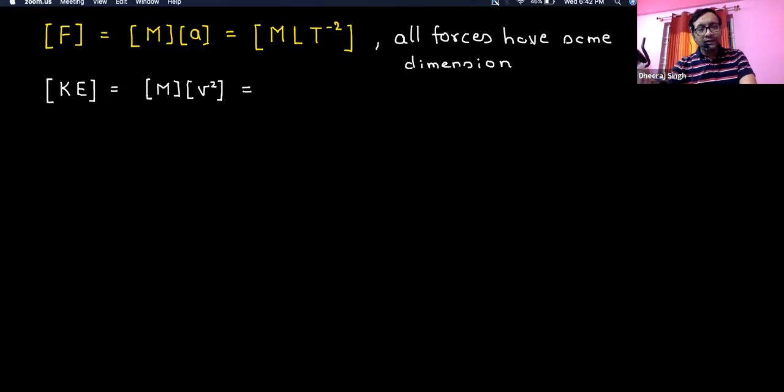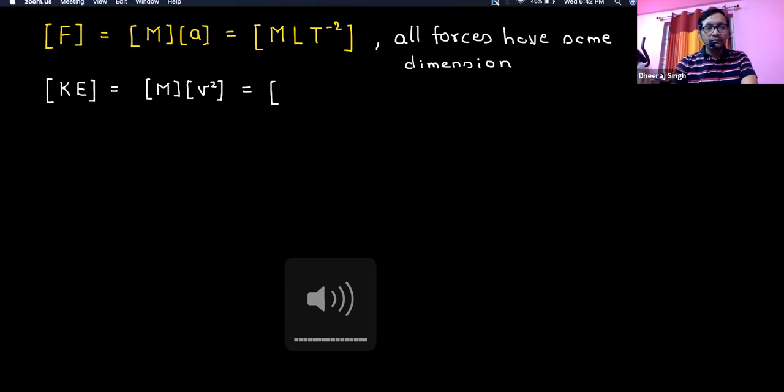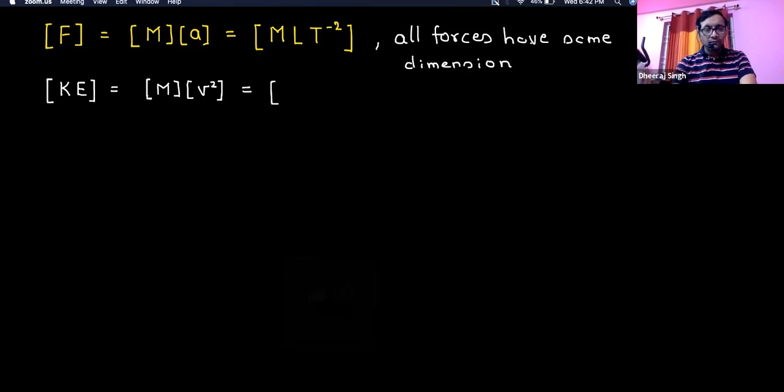Tell me, kinetic energy dimension is what? All of you. Aditya, what is the dimension for kinetic energy? Dimension of mass is M. Dimension of velocity is L T to the power minus 1, so velocity square is L squared T to the power minus 2. Fine.